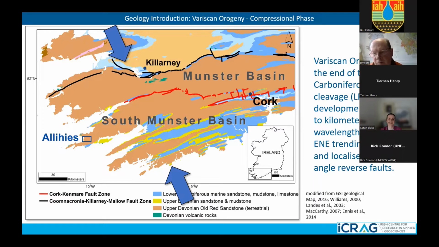We've also got later cross-strike faults, which I'll talk about, and Sarah mentioned them earlier. And we've got an impressive overprinting of jointing at the end of the deformation sequence, which I haven't spent a lot of time on here.